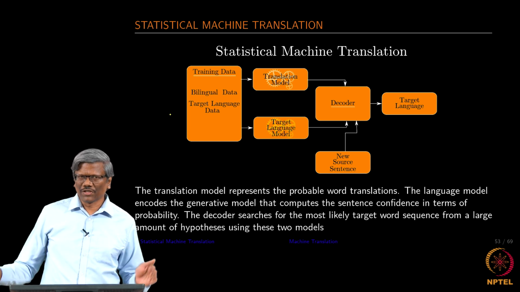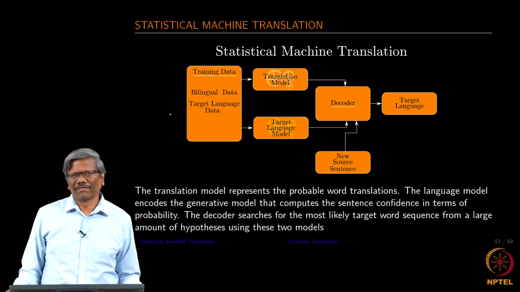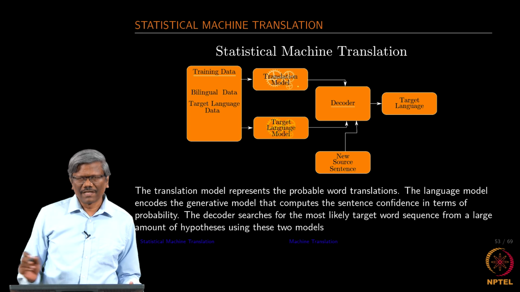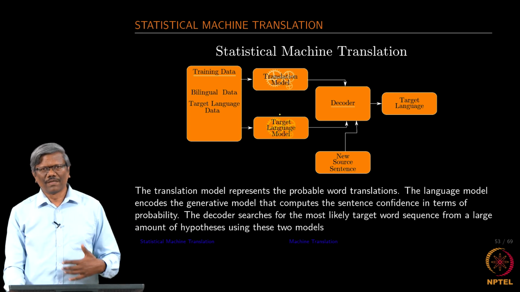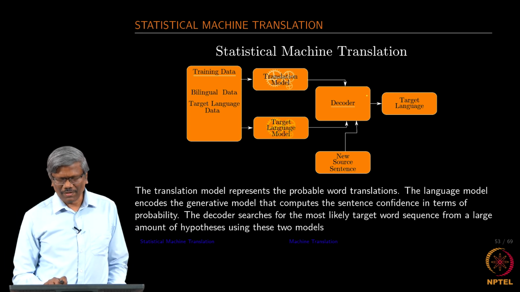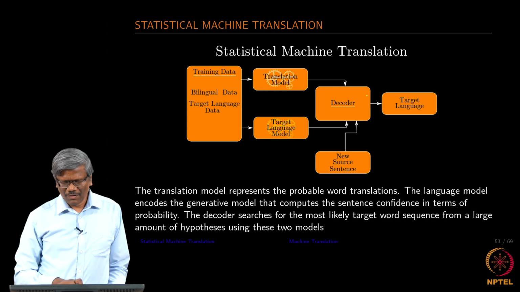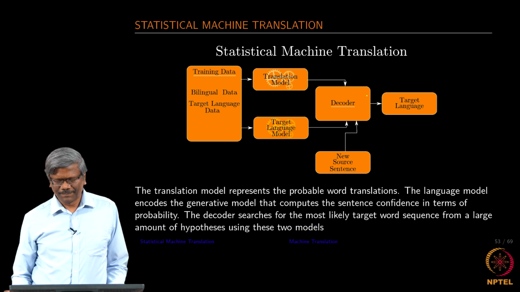So, you have a huge collection of target language data, build your language model, get the bilingual data, get the translation model. Okay. So, both are independent. So, we can do them in parallel, and we have the decoder model that utilizes both the translation model and the target language model to finally give the sentence that you are looking at. Okay.